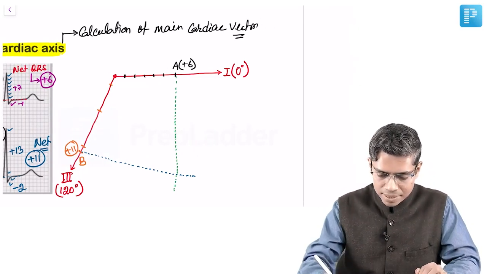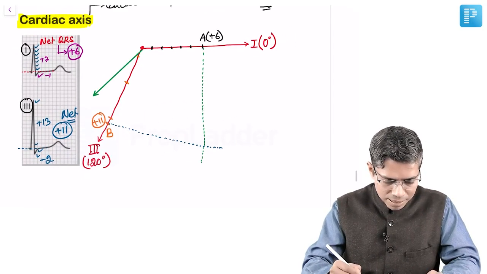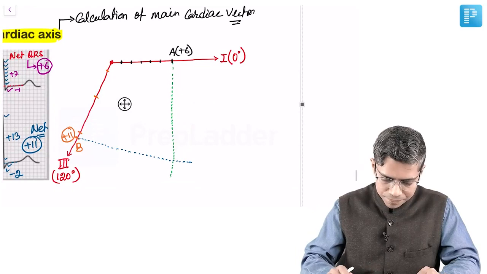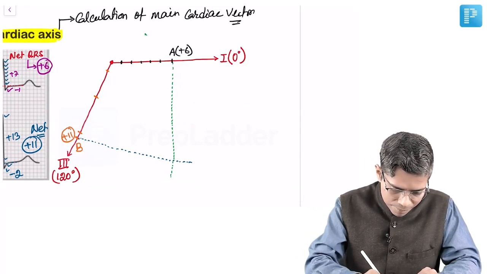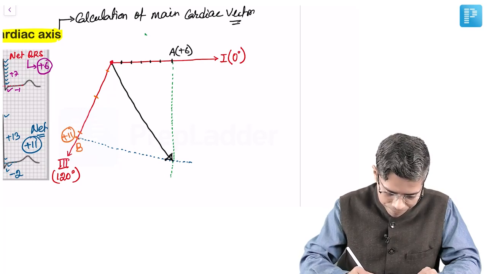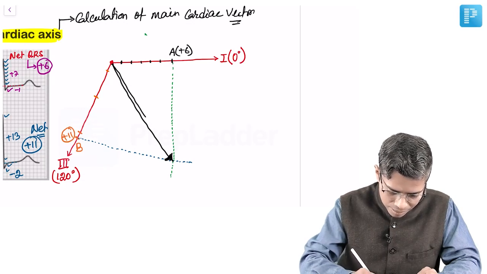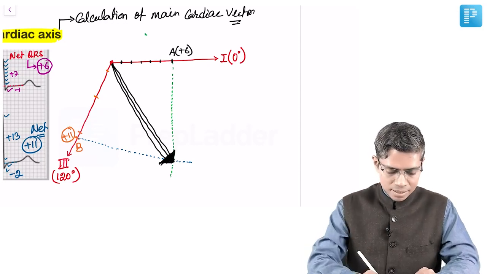Now if I connect this center to this cross-section point, this is the main cardiac vector, and this is the cardiac axis. Getting my point? So this is the main cardiac vector, and this is the cardiac axis.